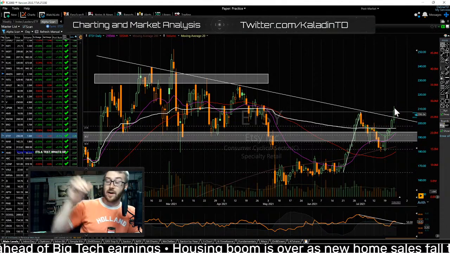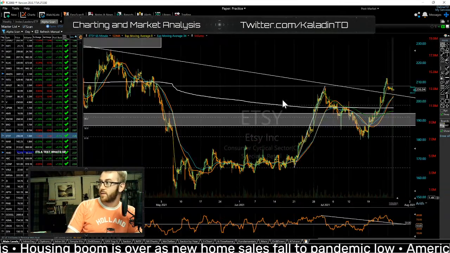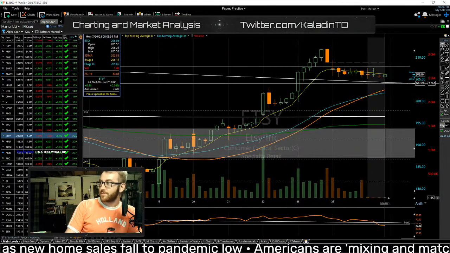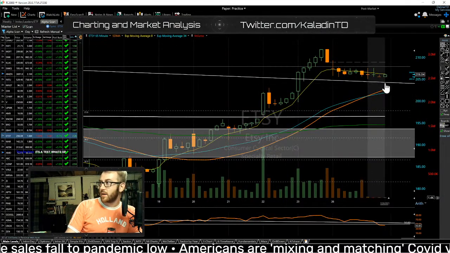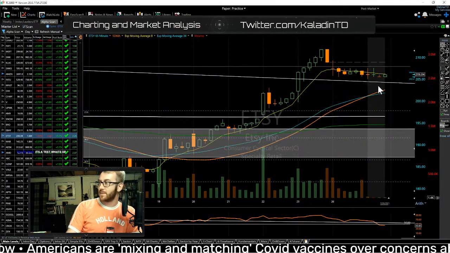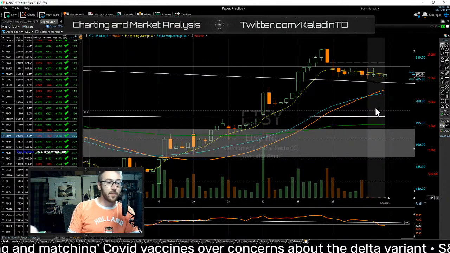I like the action. I like the risk reward too because, guess what? Look at a 65-minute here. If it gets underneath here, I just get out. So if it drops $2, if it drops 1%, I'll just get out. If it was a shakeout and it moves back above it, I can just get right back in.